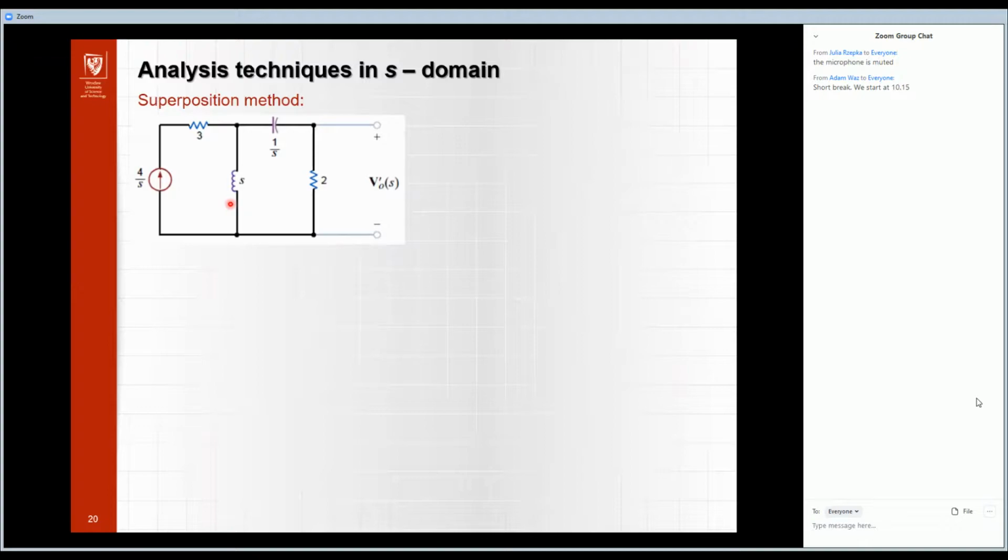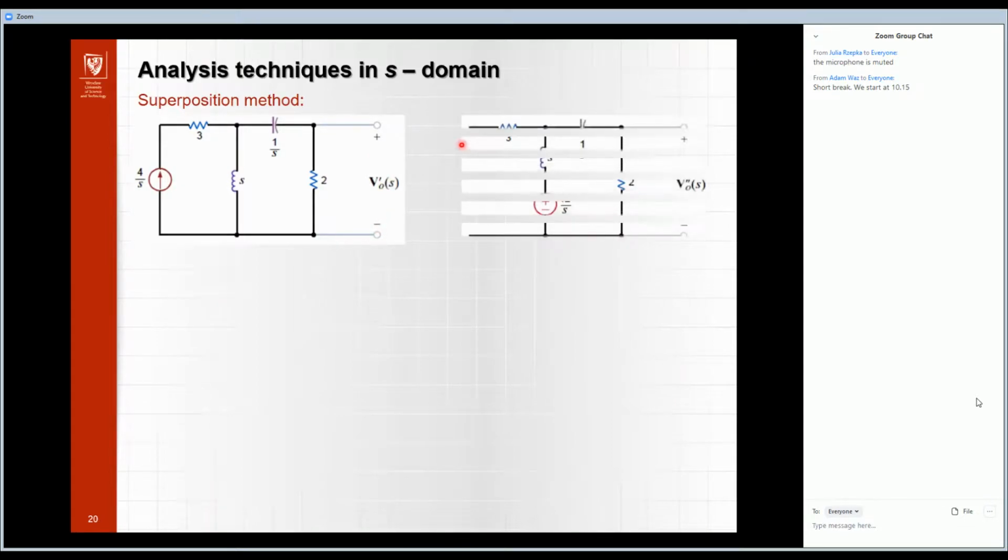We change the source into a short for the voltage source and a break for the current source. So because we have in this part the voltage source, I use the short for this. From this circuit we calculate the V0 prime, and we have the second circuit where we calculate V0 double prime, but in this circuit we have the voltage source, and instead of current source I have the break.